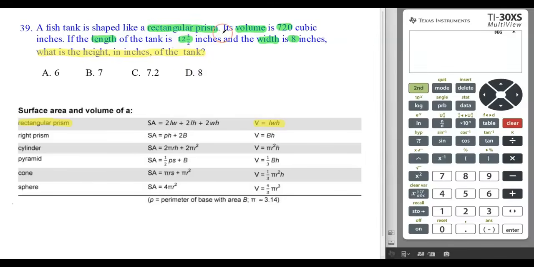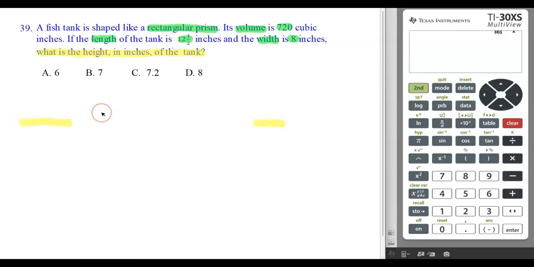If we were dealing with surface area of a rectangular prism, we would use this formula. So I'm going to write this formula down. Volume equals length times width times height. Remember, there are times signs here. It's just not showing right here.